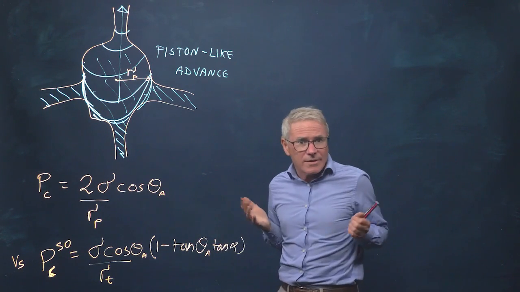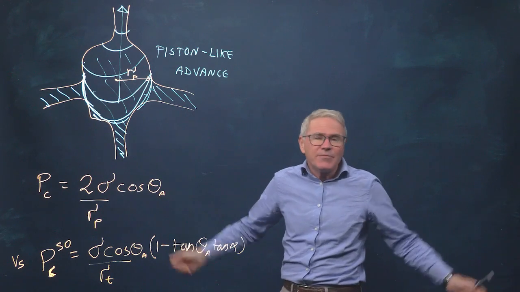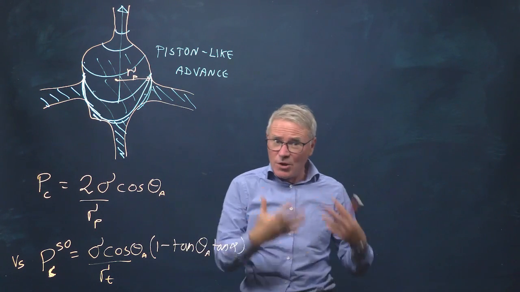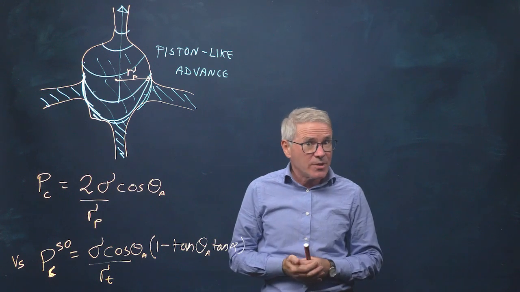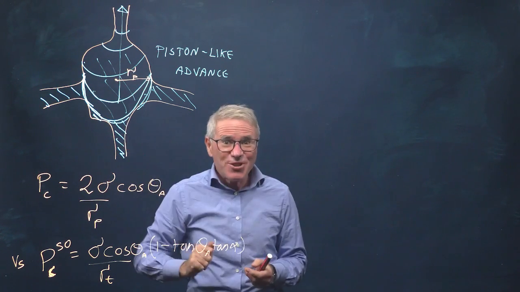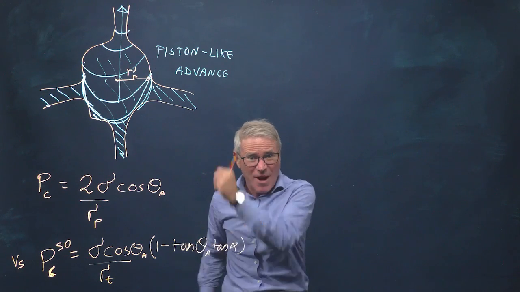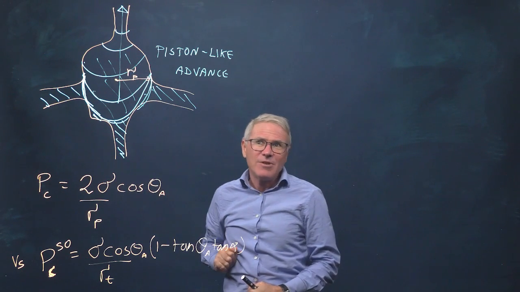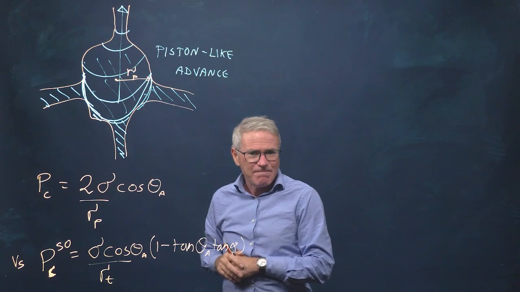So what wins? Depends. We have very big pores and very little throats. Snap-off wins, lots of trapping. If the pores and throats are a similar size, there's much less, because just as you're about to trap, aha, I've trapped you, non-wetting phase, this piston-like advance comes to your aid.